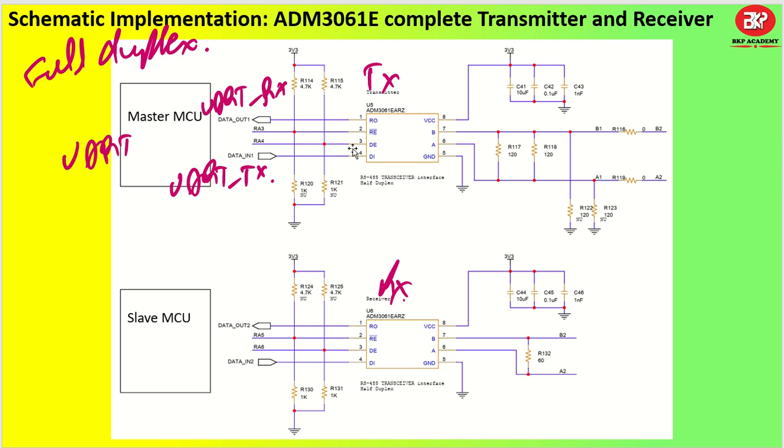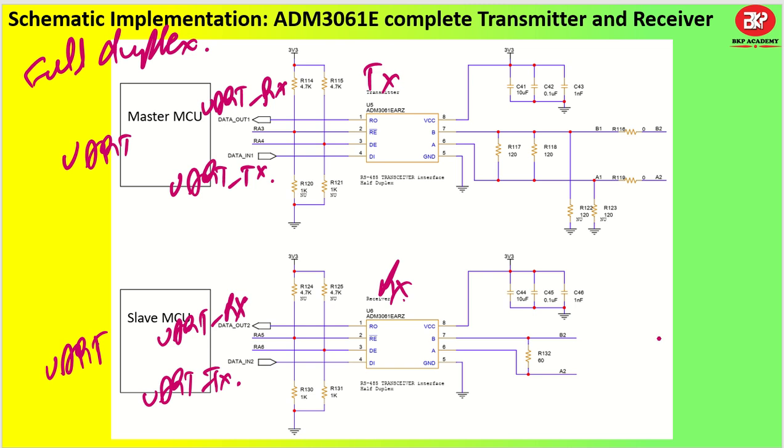Both of them are going to get connected together so that they can do the purpose of receiving as well as transmitting. And this slave UART is going to get connected something like this. My UART RX will get connected here and UART TX will get connected here at driver input.